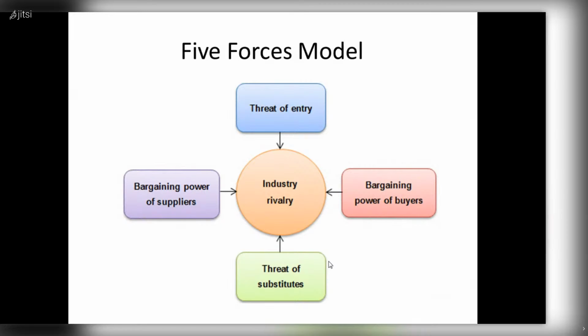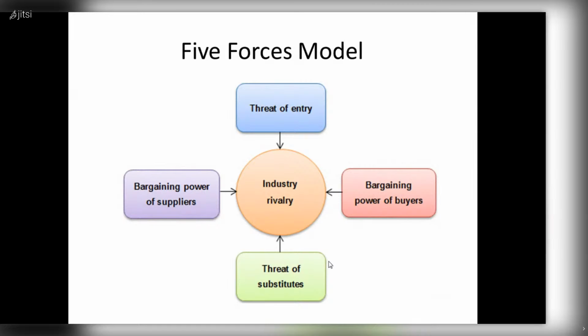For example, an attractive industry has high profits, high barriers to entry, weak suppliers' bargaining power, weak buyers' bargaining power, few substitute products or services, and low competition.